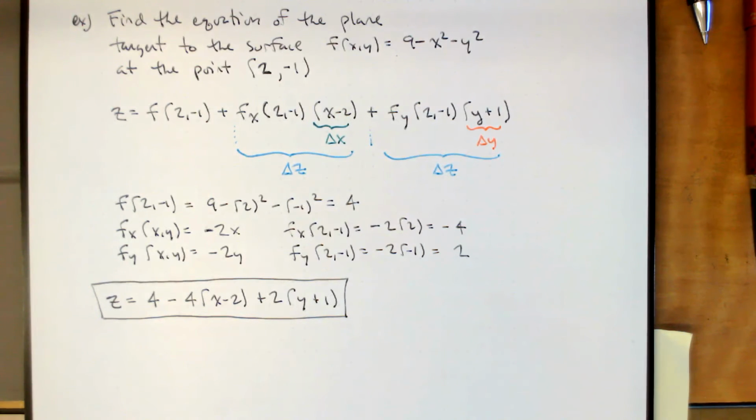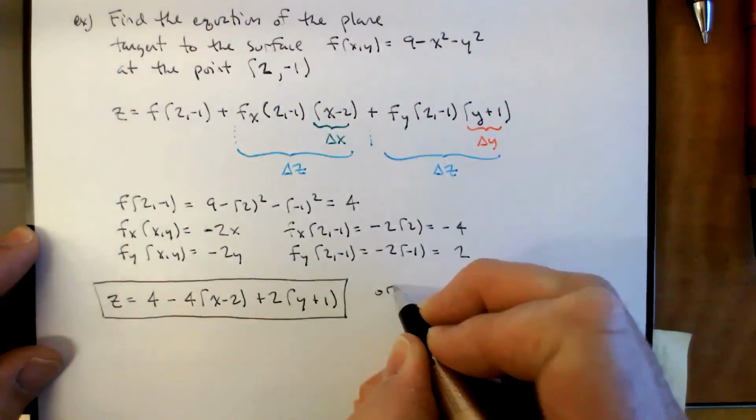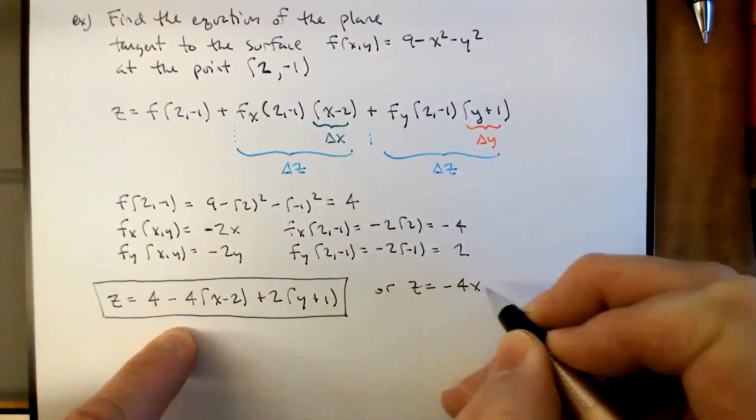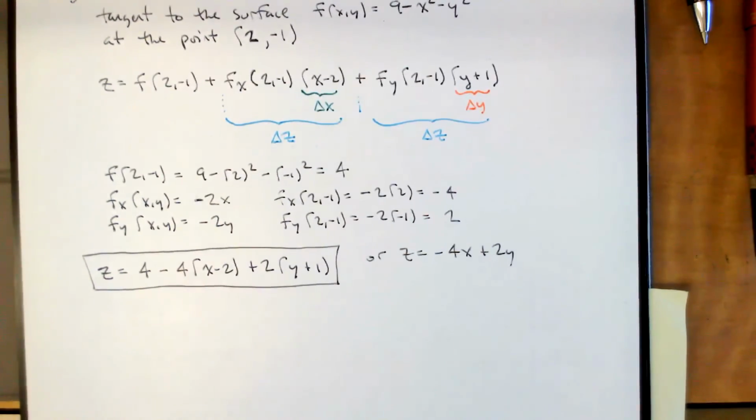Just like before, we could multiply all this out and find out what the z-intercept of this plane is. So I could multiply through by the negative 4, multiply through by the 2, and just figure out what our constant is. And I could say that z is equal to negative 4x plus 2y, and then just have some constant. And this will tell me what's going on above (0, 0).